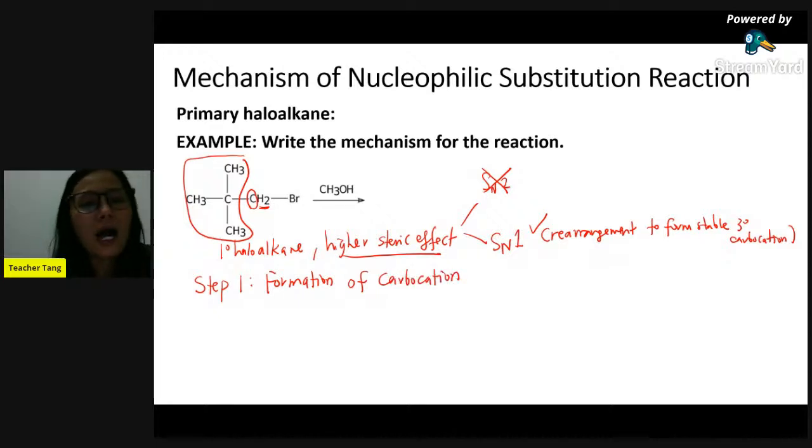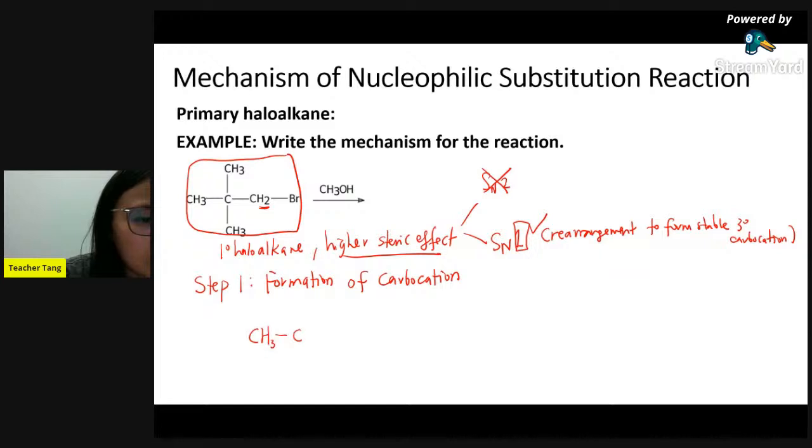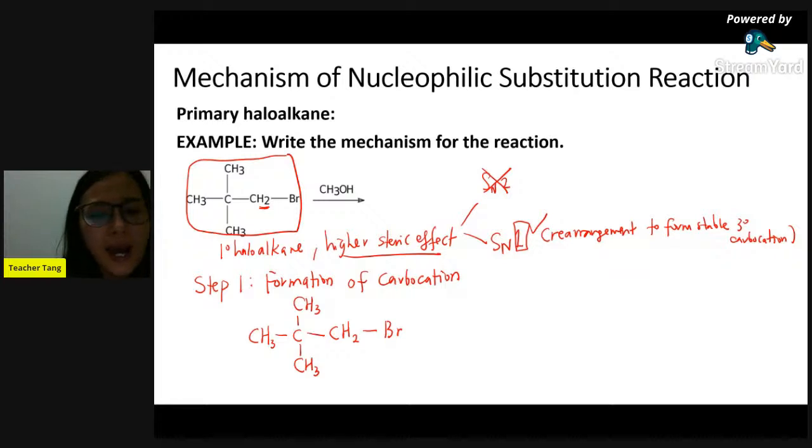How to form it? Remember, this is SN1, which means step number 1 only involves the haloalkane, so you only draw the haloalkane.